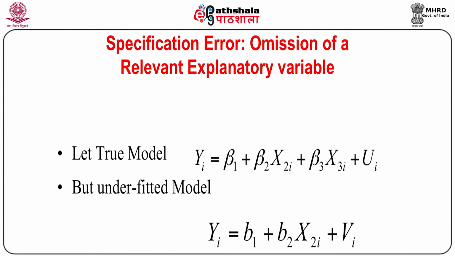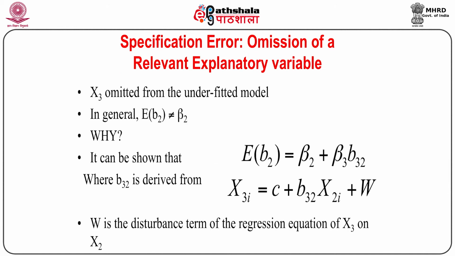It may be possible that we do not have any information that x3i influences yi. Alternatively, it may also be possible that data on x3i is not available. So, we have fitted a model where yi is explained only as a function of x2i, and we have written yi equal to beta 1 plus beta 2 x2i plus vi.